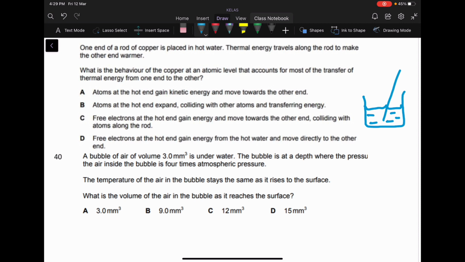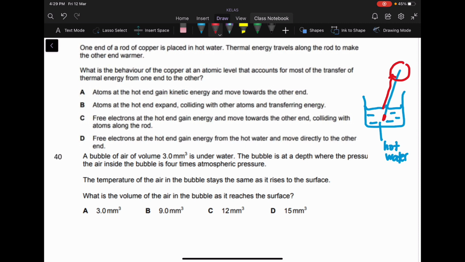This is hot water. The energy travels along the rod to make the other end warmer. So here it becomes hotter.